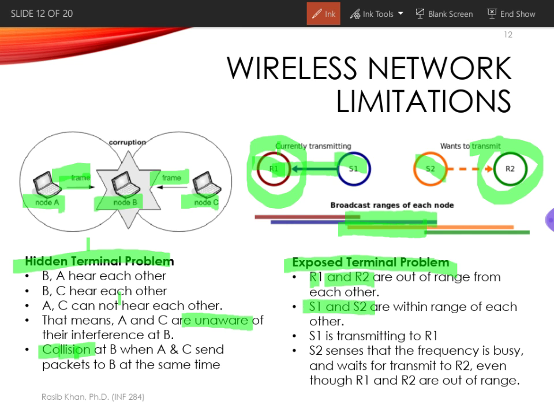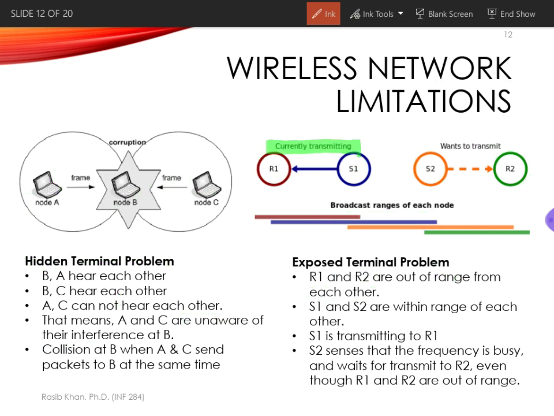However, S1 and S2 can still hear each other, and we see an ongoing transmission of S1 to R1. S2 will see that S1 is actually using the frequency at the moment. So it will feel that it needs to wait even if it wants to transmit something to receiver 2. And this does not make sense because R1 and R2 are actually out of range from each other. So there should not be any form of interference even if S2 decided to transmit.